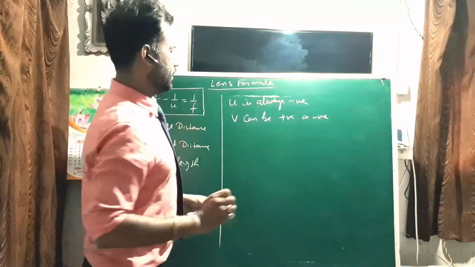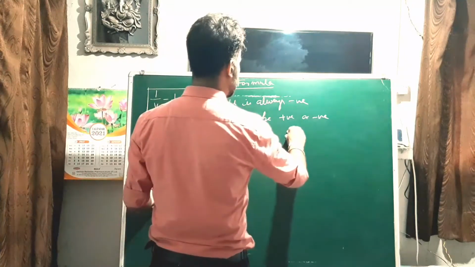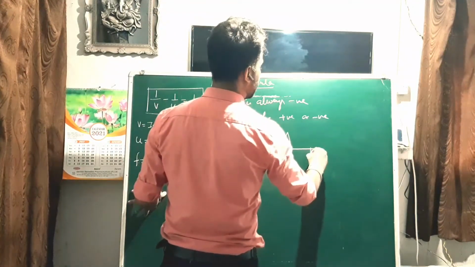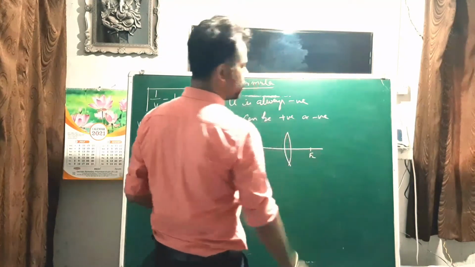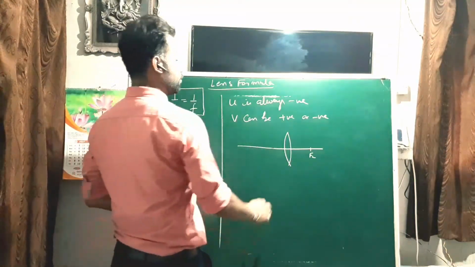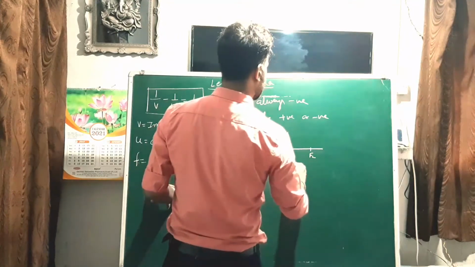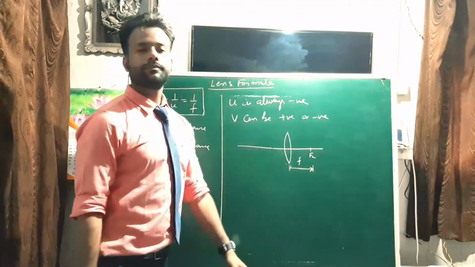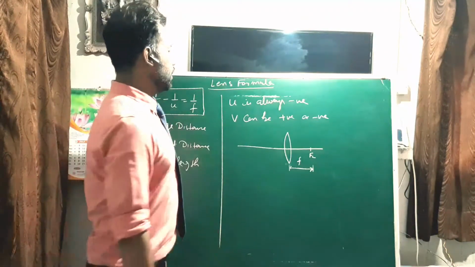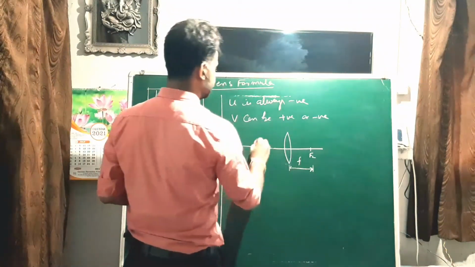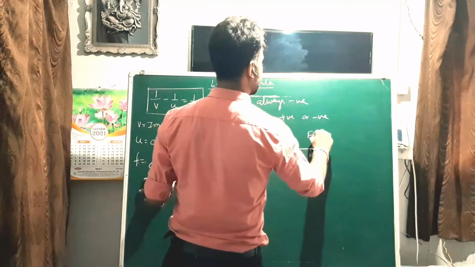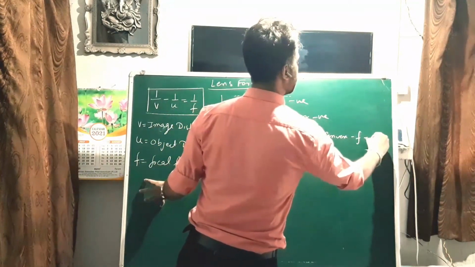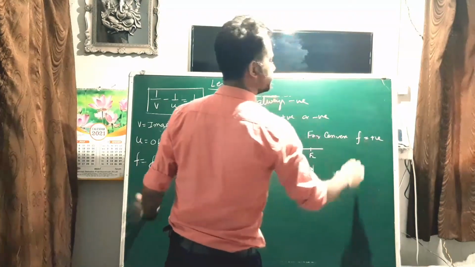What about the focal length? When we talk about the focal length, here is the focus f2 of the convex lens. This will be the secondary focal length, or simply f of the convex. So for convex, f is positive.